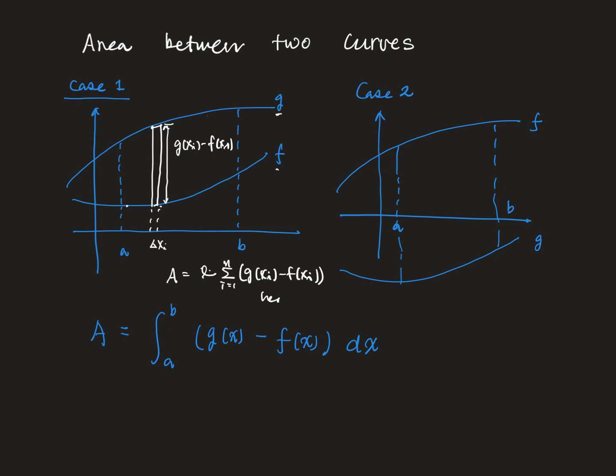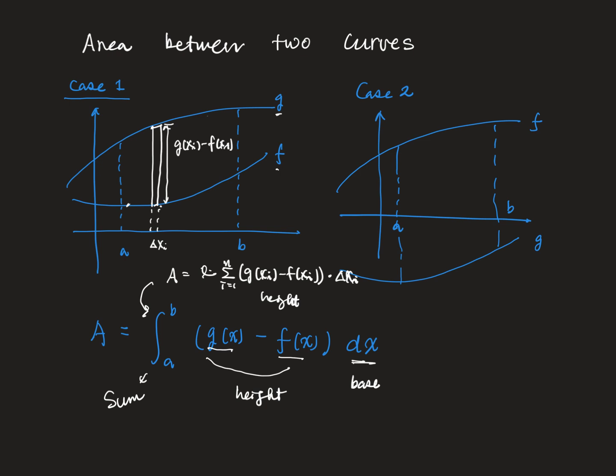This is the height and this is the base. That's how we define the definite integral: from a to b, g of x minus f of x dx. Integral means all together, the sum. That's how we find the area between the two curves.